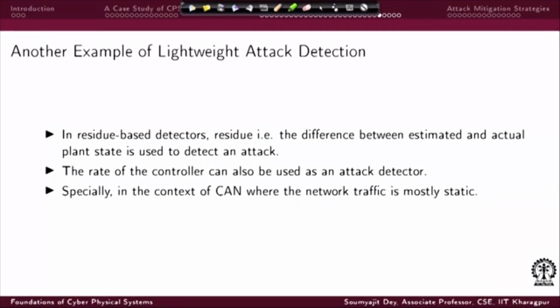That means the packets, the measurements and the control actions are moving over the CAN bus as packets, right. In our previous example of residue based detectors, we were computing estimates and the estimation error, and trying to detect whether an attack has happened or not. Now, there is something different we can also do based on the architecture of the system. You have a CAN, a plant, and a controller.